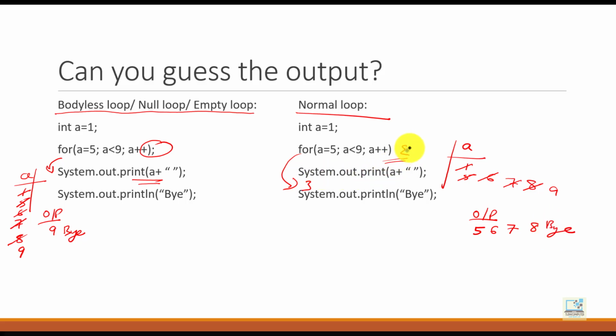That means if I do not give the curly braces, then also you know that one statement is included in the loop, isn't it? So then this statement is included, but if I give the semicolon, then it disconnects the header of the loop from the body of the loop and thus makes it a bodiless, null or empty loop. Okay, so be careful whenever you get any question where the semicolon is given or not given. You have to look for the semicolon, right?